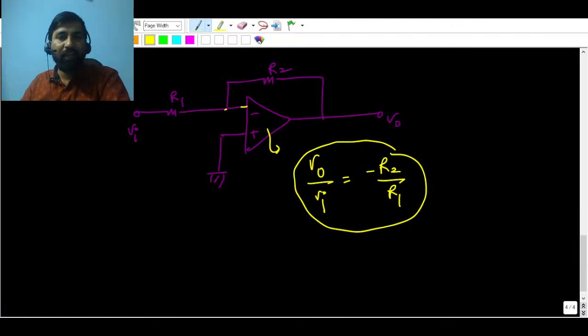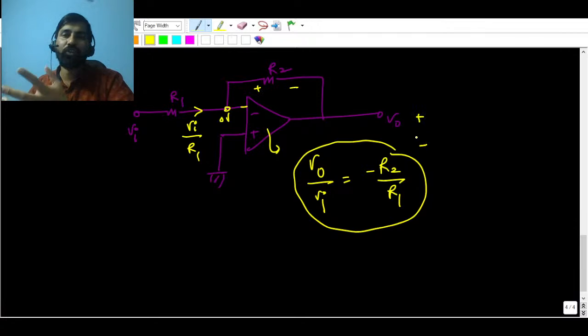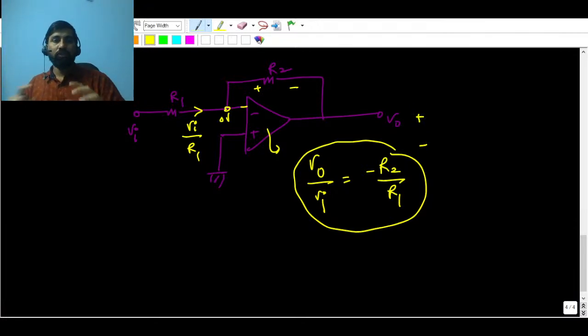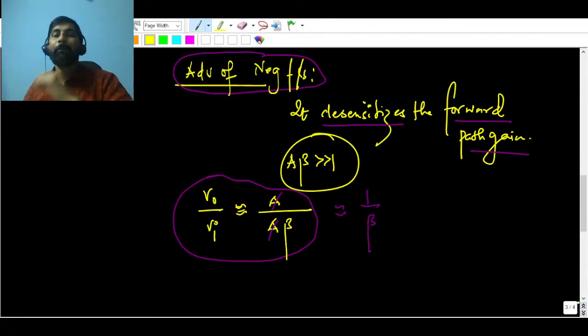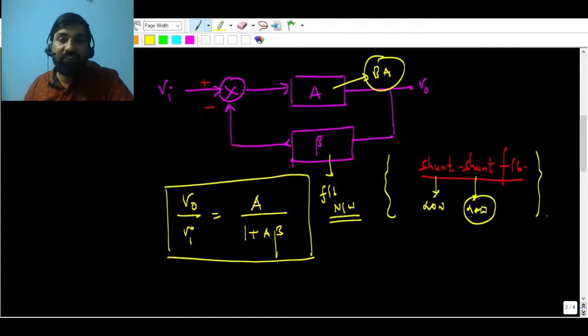We can find it directly by applying the virtual ground concept. 0 volt will be here, and the current flowing here is Vi by R1, and this current flows through R2. So you can calculate V naught, and V naught by Vi will be minus R2 by R1. The way we calculate gain for the ideal op amp, in the same manner we can also determine the gain for this transistor.